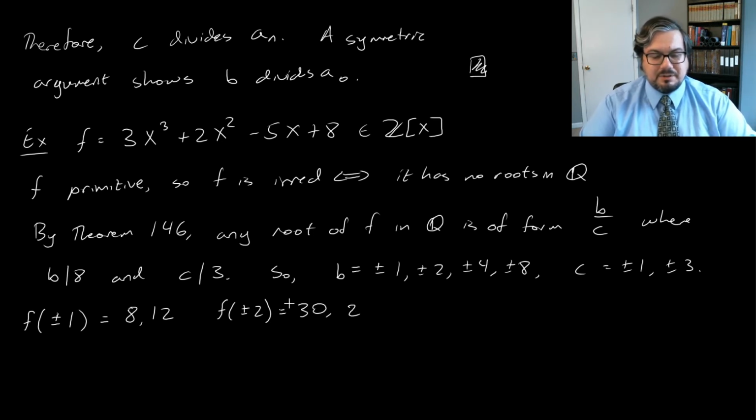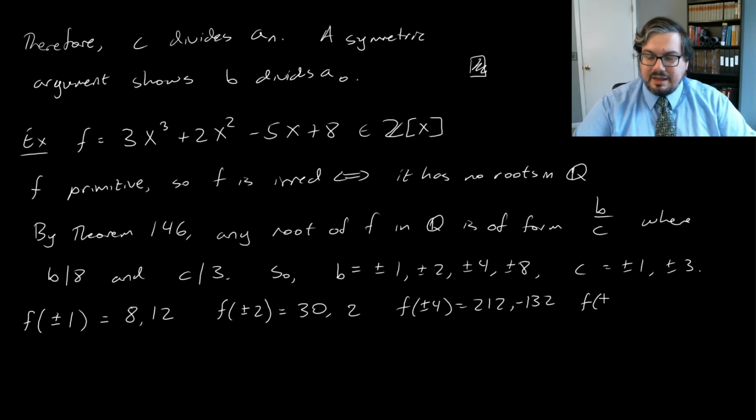It gives 30 for positive 2, 2 for -2. f of 4 is 212. f of -4 is -132. And f of 8 is 1632. f of -8 is -1360. All right, so these are all the possible numbers we can get with a c value of plus or minus 1.